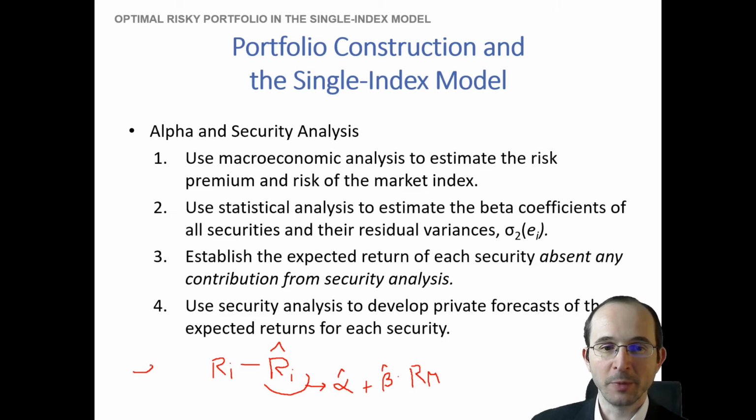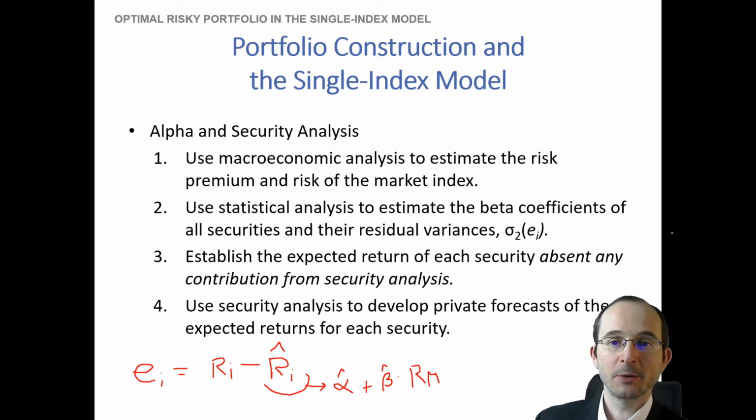And so that will be our firm-specific error. And once we've produced a time series of those, then we can take their variance, and that can get us an estimate of the firm-specific risk in this firm. And we can do that security by security.